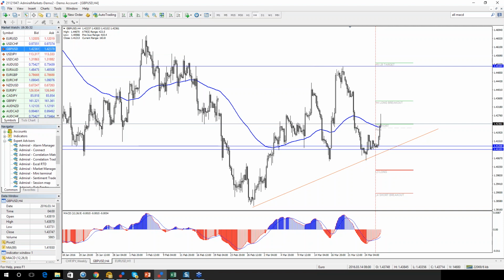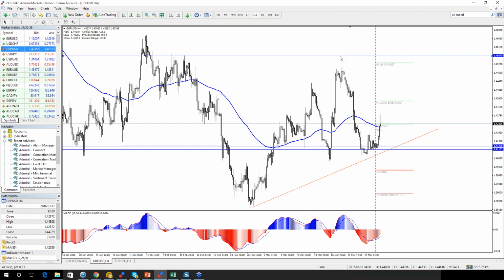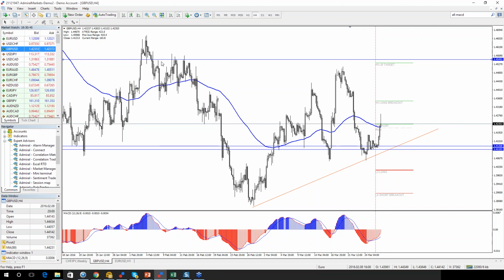Definitely, I would look to sell here a little bit more, sorry. See how many rejections. And pay attention to this setup.